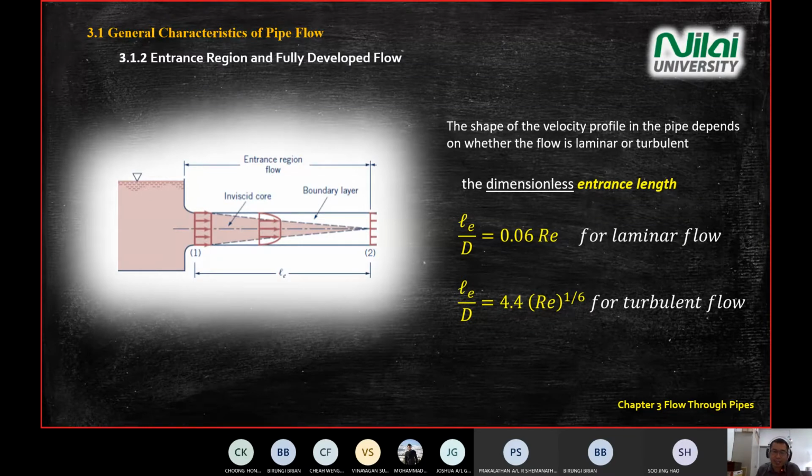You either use laminar flow or you use turbulent flow, because transition is just a flip-over process. It's just a very fast process that happens.